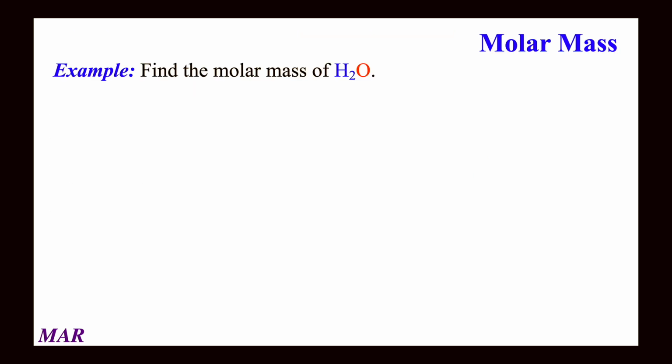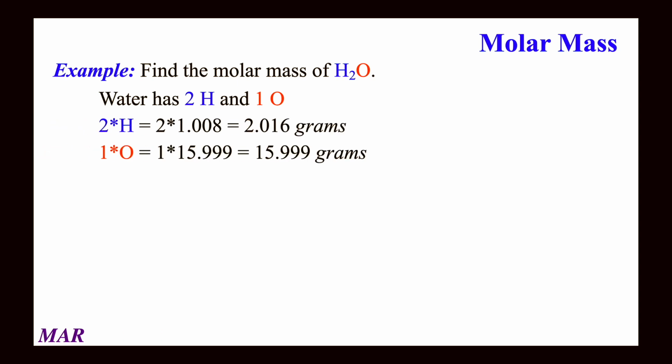Let's find the molar mass of water. And if you want to find molecular weight instead, that's fine. But let's talk about molar mass. Now, water has 2 hydrogens and 1 oxygen. So we're going to take the atomic weight of 2 hydrogens and add them to 1 oxygen. If you look on the periodic table, hydrogen is 1.008, and there's 2 of them.